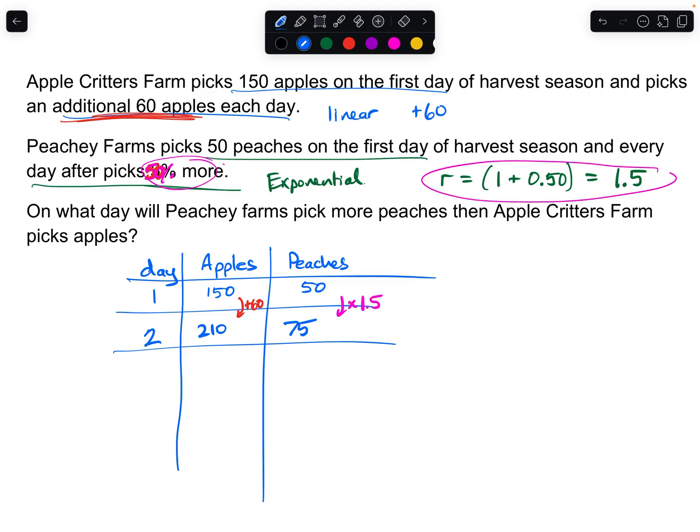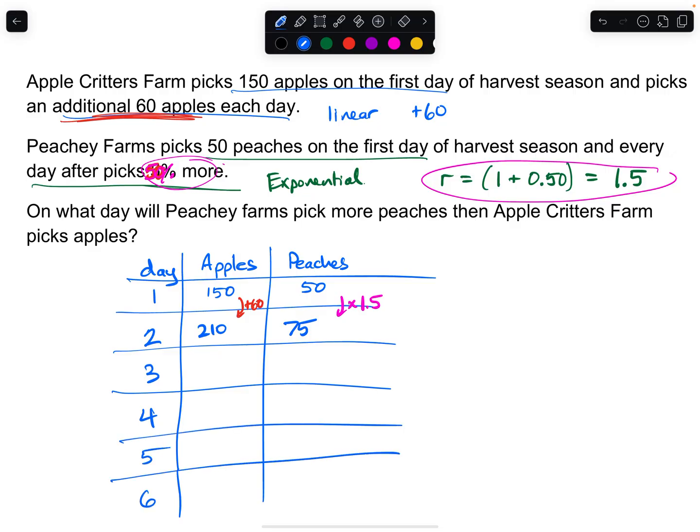So let's keep going, because the number of peaches is still less than the number of apples. I'm just going to fill in a few days here. We need to add 60 every day for the number of apples, and we need to multiply by 1.5 every day to get the number of peaches.